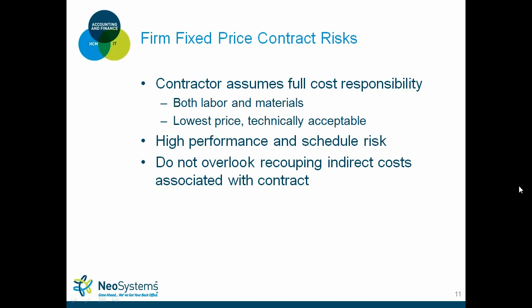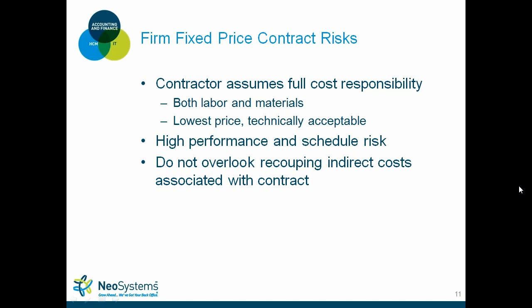These days, all RFPs, or most of the RFPs other than in the Intel industry, are lowest price technically acceptable type RFPs. So these fixed price contracts demand high performance and schedule risk for the contractor. And you really can't overlook recouping your indirect costs that are associated with this type of contract.